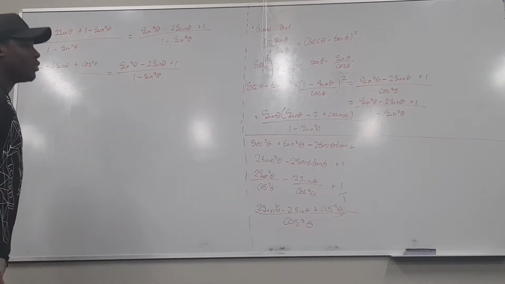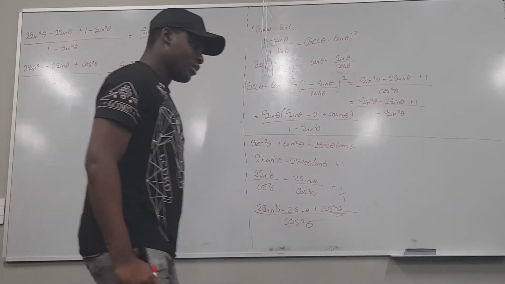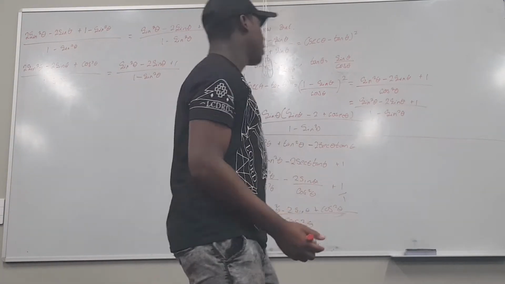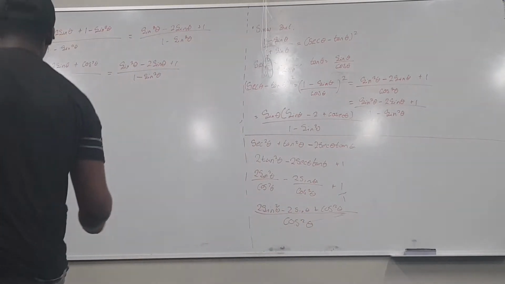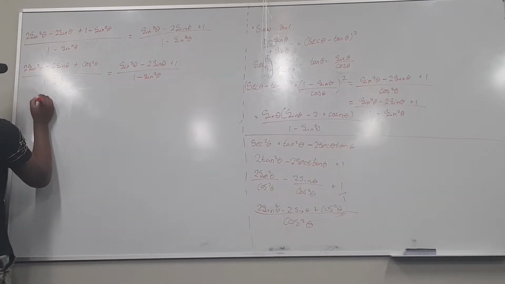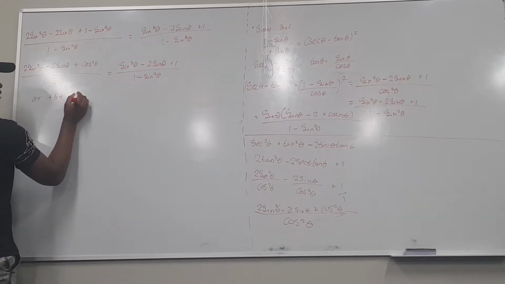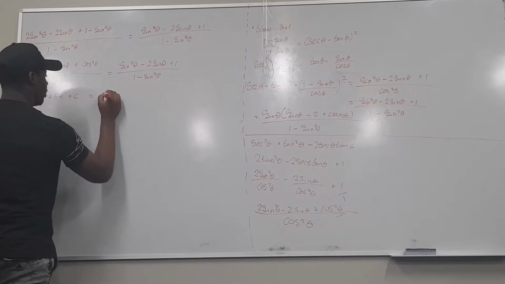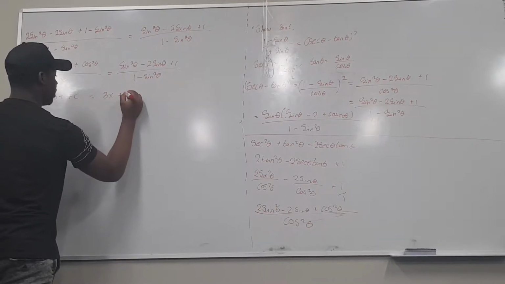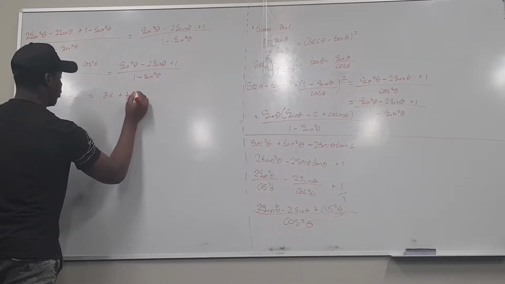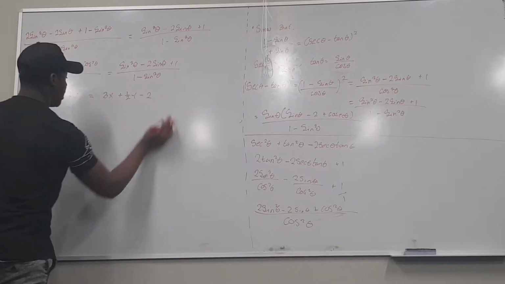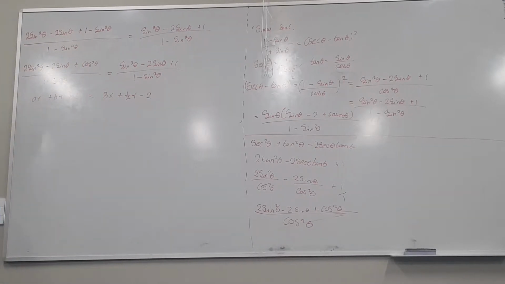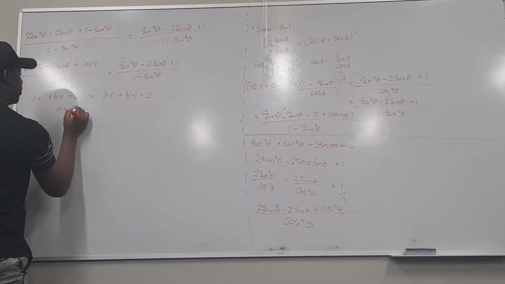Okay, there's something called the idempotence rule. Idempotence rule is where you have something like ax plus by plus c is equal to 3x plus half of y minus 2, and you're asked to find a, b, and c. It's literally there. A is equal to 3.